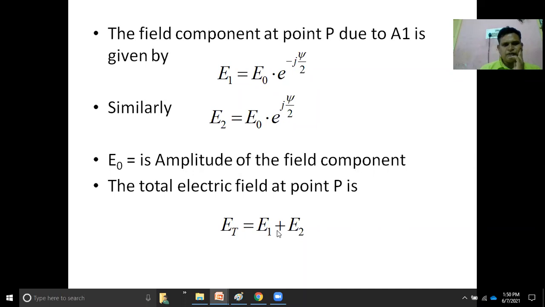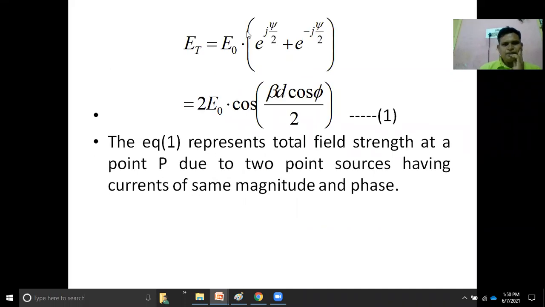Substituting E1 and E2, we get e power j psi by 2 plus e power minus j psi by 2, that is e power j theta plus e power minus j theta, which is equal to 2 cos theta. Therefore, substituting psi is equal to beta d cos phi, with the division by 2 here, this is the resultant electric field due to the electric field produced by the antennas A1 and A2.